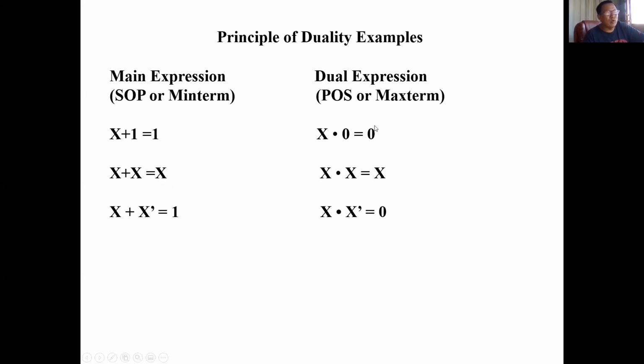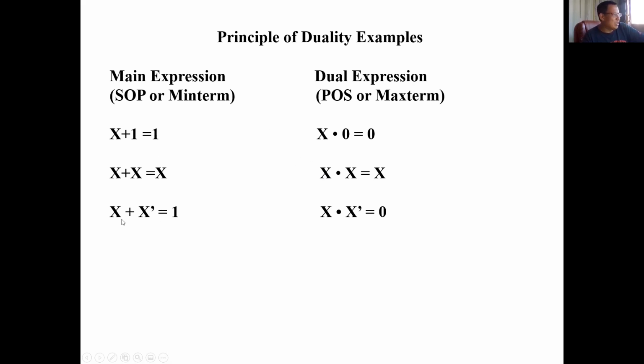The dual in POS form or maxterm form is X times 0. So a plus becomes a times, a 0 becomes a 1, and a 1 becomes a 0. When you say X times 0 is equal to 0, what is the dual of this expression? X plus 1. The times becomes a plus, but the 0 becomes a 1. Do you follow? X plus X equals X. X times X is also X. Do you follow?